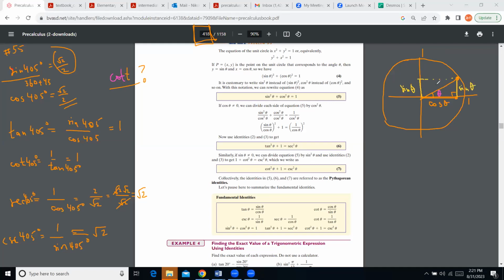So since hypotenuse is 1, and I know that if I have a right triangle, A, B sides, and C is hypotenuse, then the sum of squares of sides is equal to the square of hypotenuse, right?